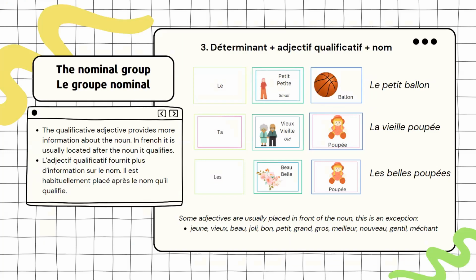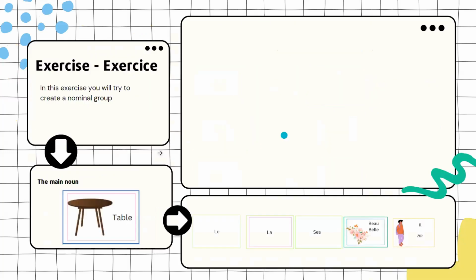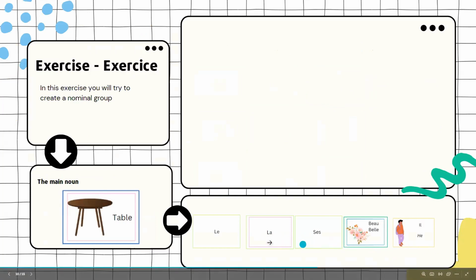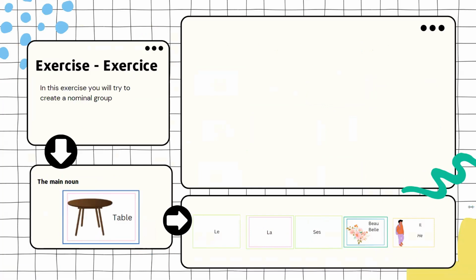So now we're going to practice. I give you a main noun, and you have to select among those various elements which ones you need to choose. The main noun is table, the blue edge, the pink edge. You can pause here, have a look.